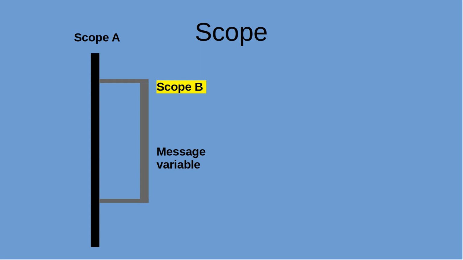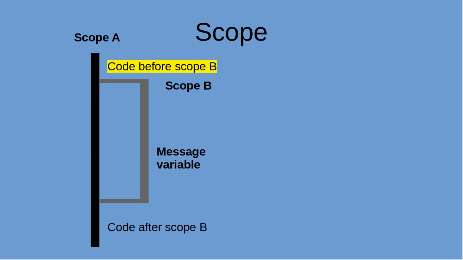Scope B, the if statement, also contains the message variable. Finally, we have the code before scope B, which was creating the int and then adding 3 to it. And then we have the code which went after scope B. This was the message to the terminal saying that the program was completed. So, this is what's happening.